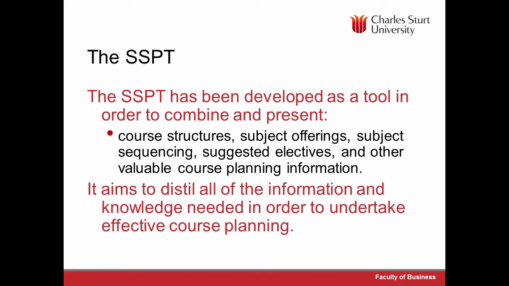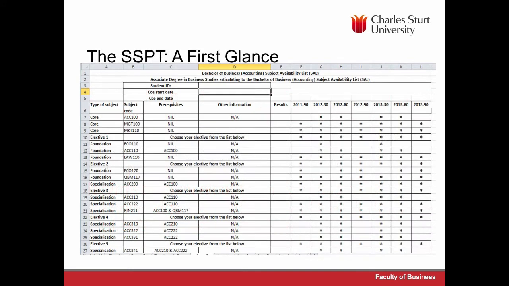Which one do you have to take before another? Very, very important. Suggested electives for the course that you might want to look at, and also other valuable course planning information. The aim of this tool is to basically distill all of the information and knowledge that is needed to do effective course planning. That's the aim.